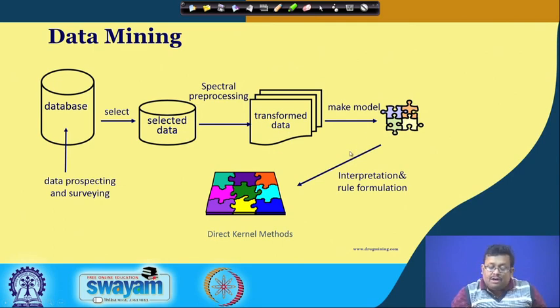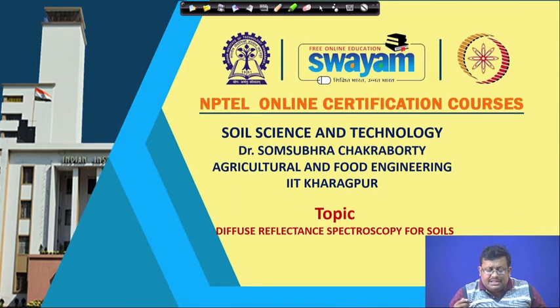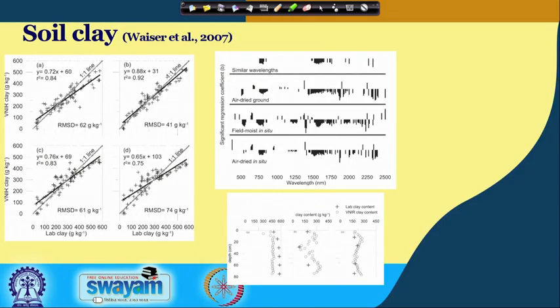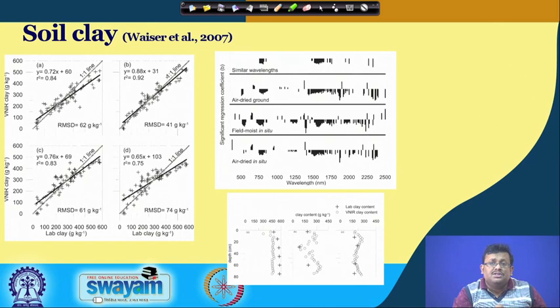From this predictive modeling we will do some interpretation and rule formation, and that is why we use this method extensively nowadays for predicting different soil properties. We will see that in the next topics, where we discuss diffuse reflectance spectroscopy for application to soil.